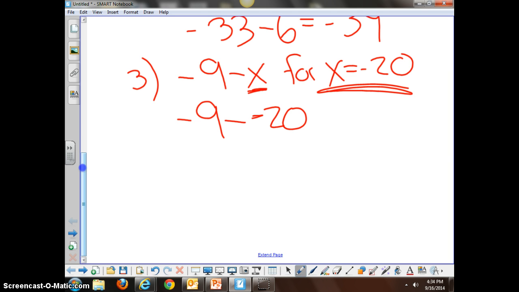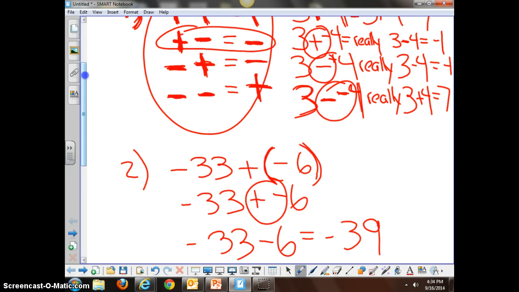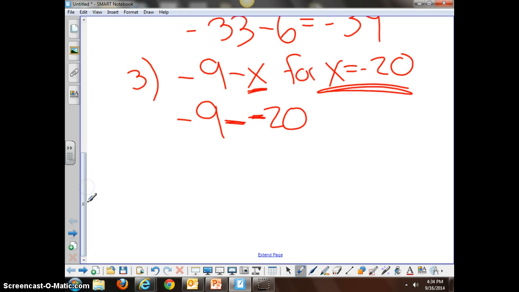Rewrite your problem when you're working through these problems on your assignment in class. In this case, I have two negatives next to one another. Go back to my chart. A negative and a negative next to one another is actually positive. Negative things happening to negative people, that's a positive thing. So we've got -9, and we're going to change this to +20. And -9 plus 20, you can do your simple math from there, is going to be 11.